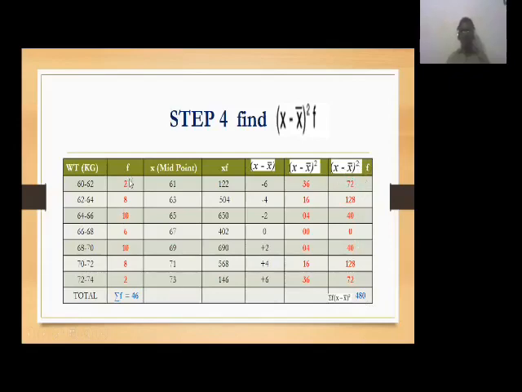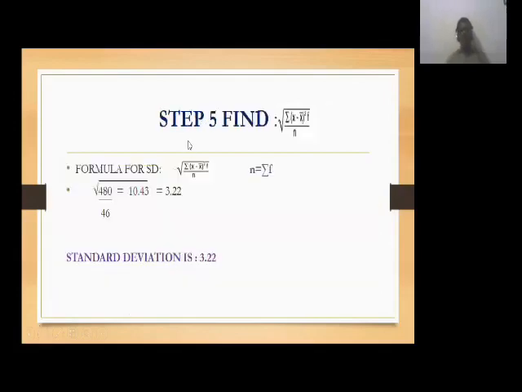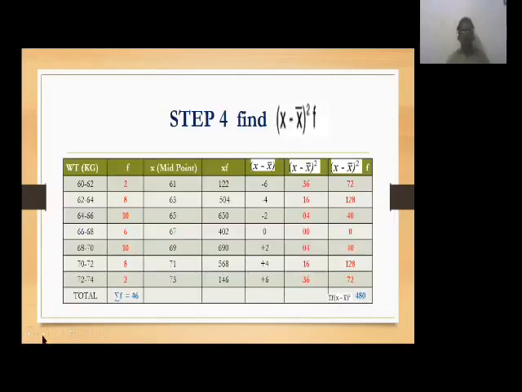Already we have sigma f as 46. Then the last step, find the square root of sigma f into x minus x bar whole square divided by n. So the standard deviation formula for a continuous frequency table is the square root of sigma f into x minus x bar whole square divided by n. We have already found sigma f x minus x bar whole square, that is 480, and sigma f is 46.